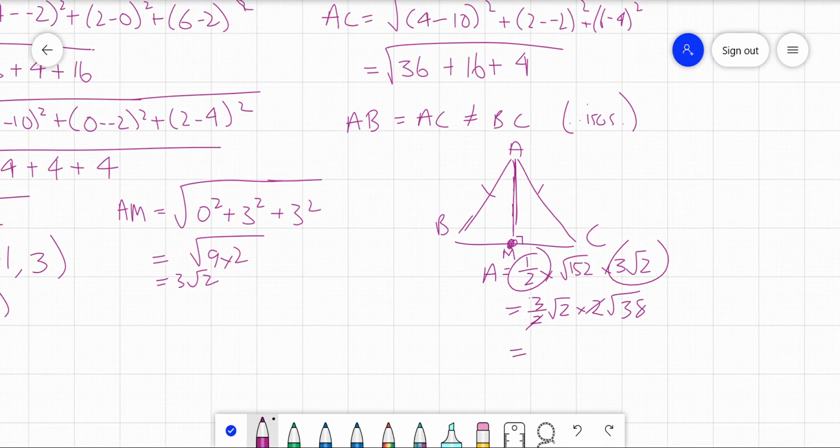So what I'm actually going to have here is that 3, and 2, and then 38 is 2 19s, so you can see I'm going to get 3 times 2 out the front, and I've still got a root 19, so it's that many square units. So if the question was just finding the area of that triangle, I'd say 6 root 19 units squared.